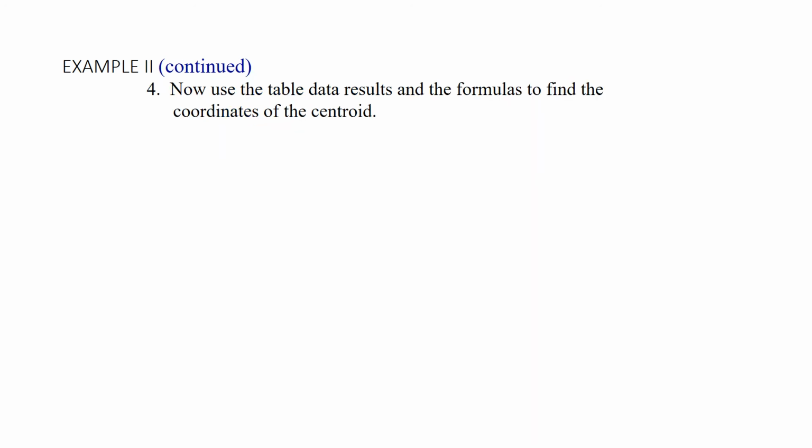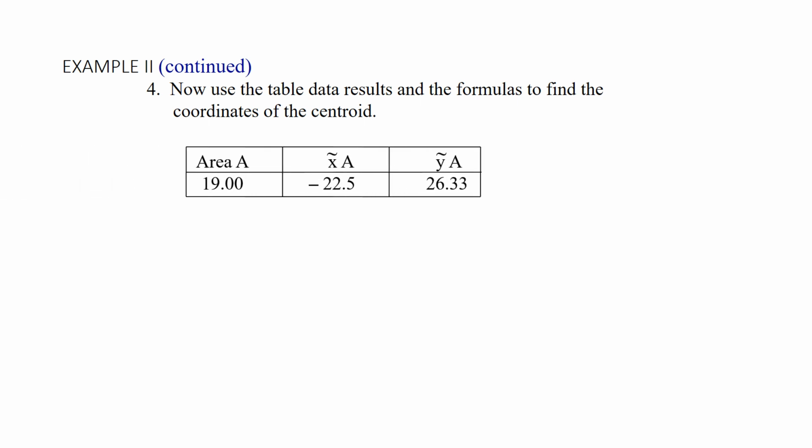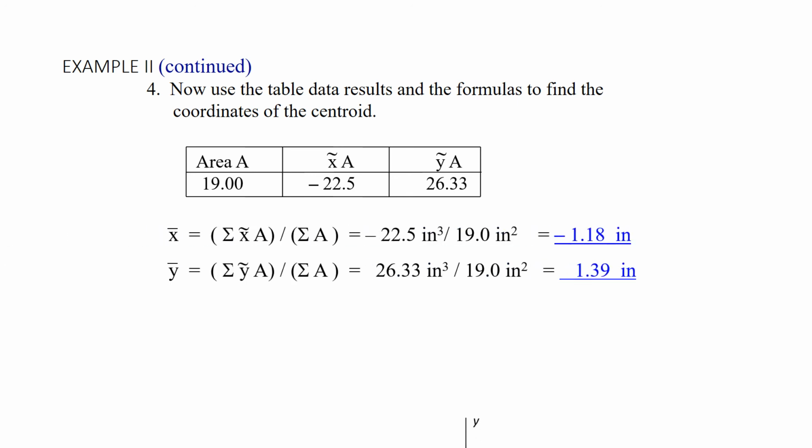So now we can use the table result in order to find the coordinates of the centroid. Those 3 bold blue numbers from the previous table are shown here. We can find x bar by using the sum of x tilde times A divided by the sum of the areas, or minus 22.5 divided by 19, to find the location of the centroid, which is shown with the red capital C in the image shown here.